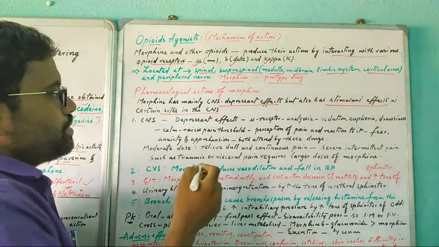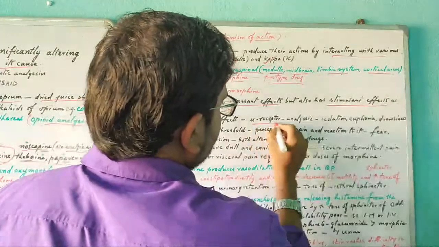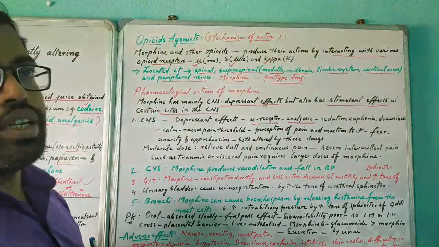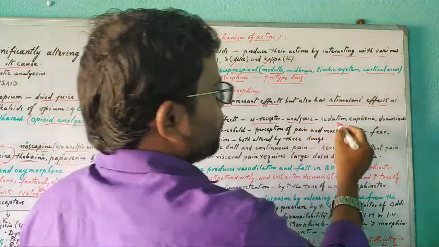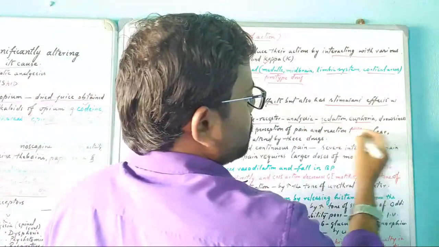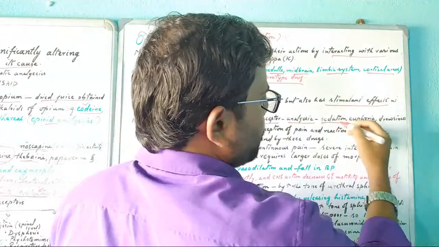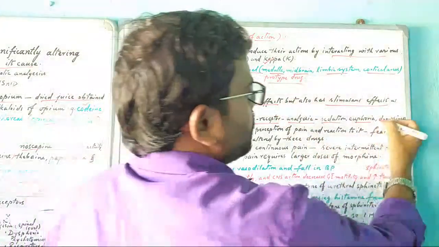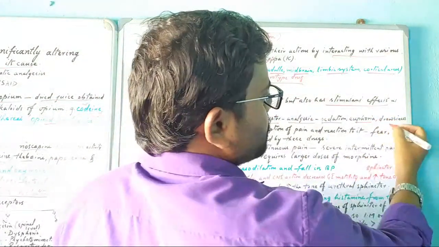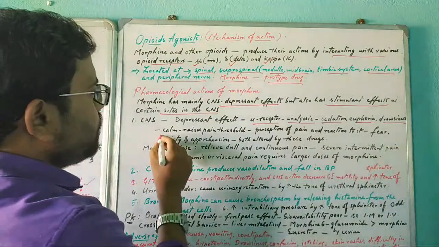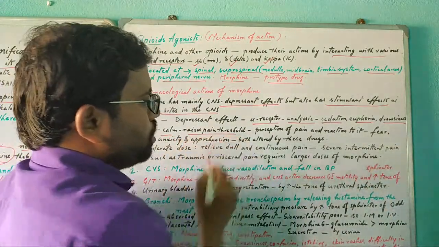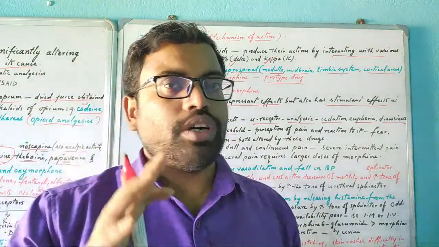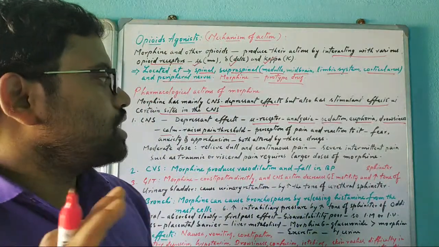What are these effects? Mu receptors in the CNS give an analgesic effect, meaning it reduces pain, then sedation, then euphoria, a feeling of happiness, calming, or reduced irritation, then drowsiness, then it raises the pain threshold, if the proper dose is given.